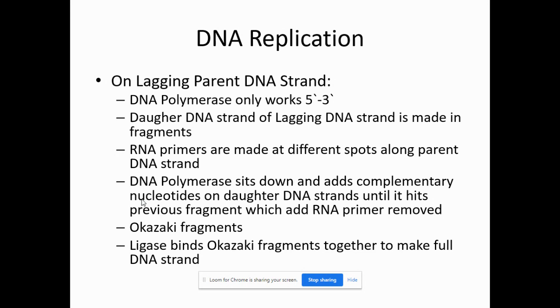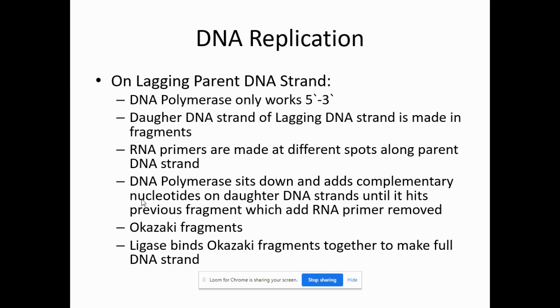The RNA primers are made at different spots along the lagging parental DNA strand, and DNA polymerase sits down and adds complementary nucleotides on the daughter strand until it hits the previous fragment. Then it will drop off and move forward to another primer and work backwards until it hits the previous fragment. It will drop off, go forward, sit on a primer, and work backwards.